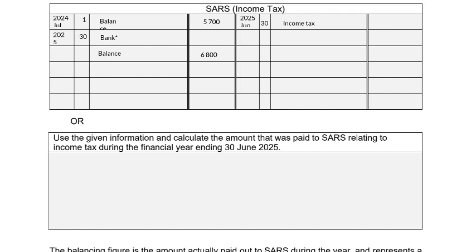So what is 870,000 times 28%? That gives you 243,600 Rand. So we then total our ledger account. The credit side is 243,600, so the debit side must also be 243,600.